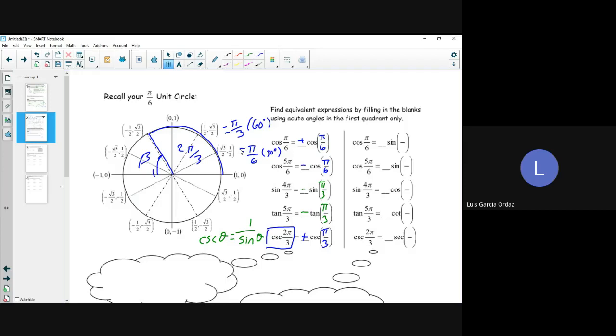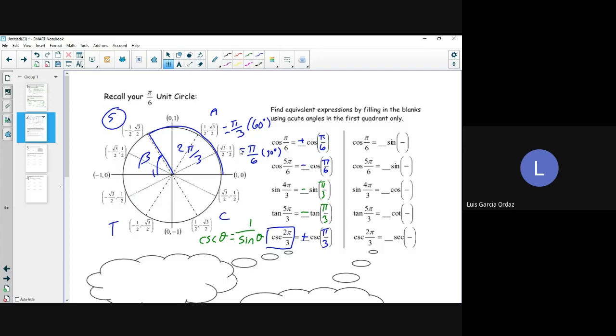So remember CAST. Sine is positive in quadrant 2, which means cosecant is also positive in quadrant 2. So here we're just trying to find if it's positive or negative. That's why the related acute angles are easier. It's the same because we're talking about the same trig ratio.